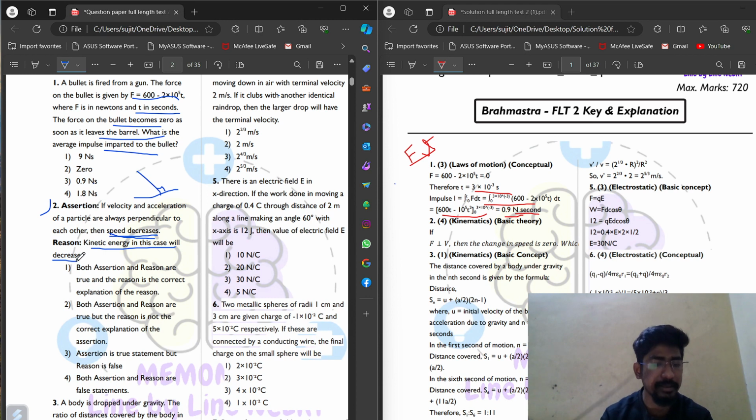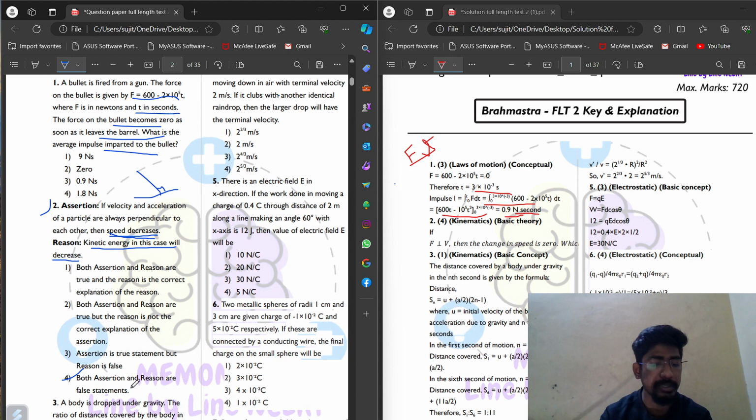As there is no change in the velocity, the kinetic energy will remain the same, because it depends on the mass and the velocity of the particle. Mass cannot change, and the velocity is not changing, it remains constant. So the kinetic energy will not decrease or increase. It will remain the same. So option number 4 is correct.